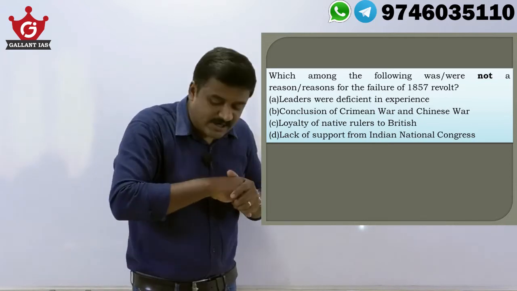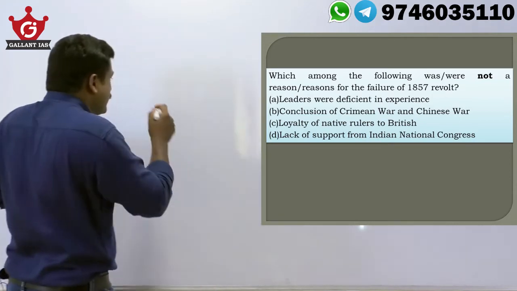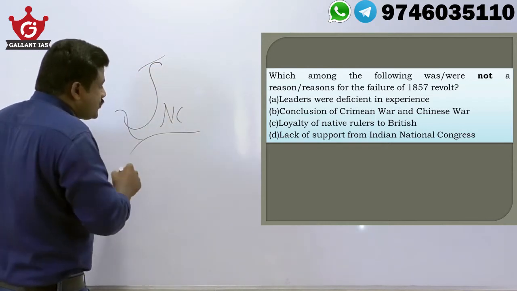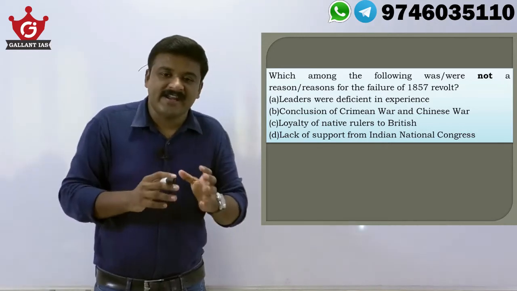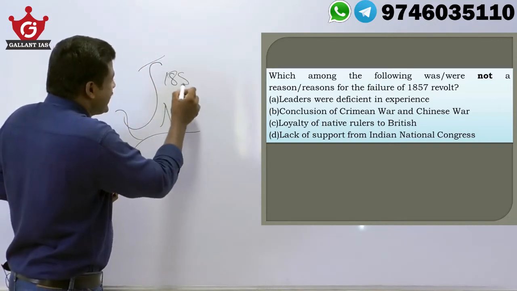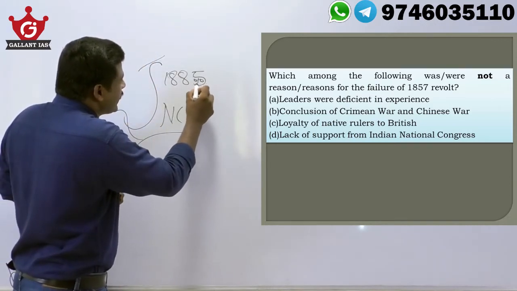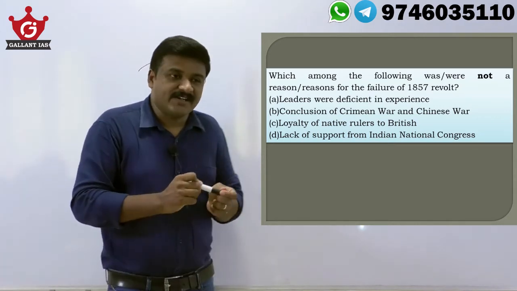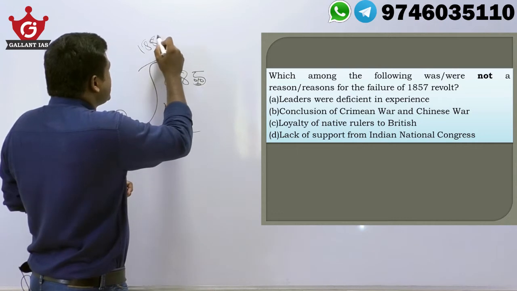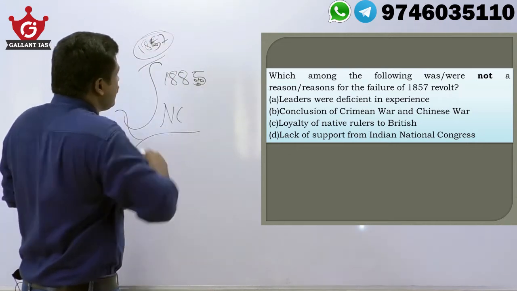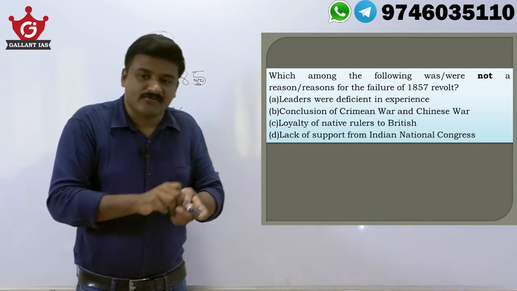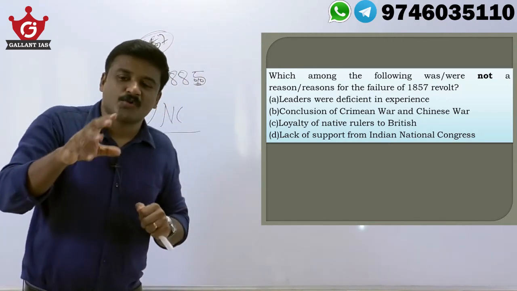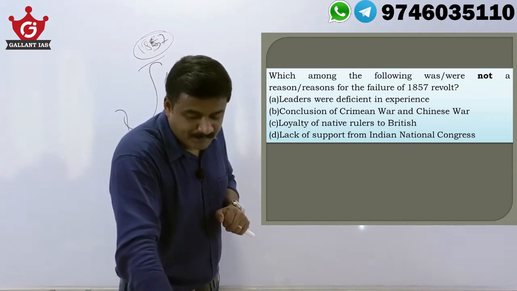Lack of support of the Indian National Congress, that is not a reason, because the INC was formed only in 1885, and this revolt was in 1857. So simple logic, there is no question of INC support. So D is the logical answer here.